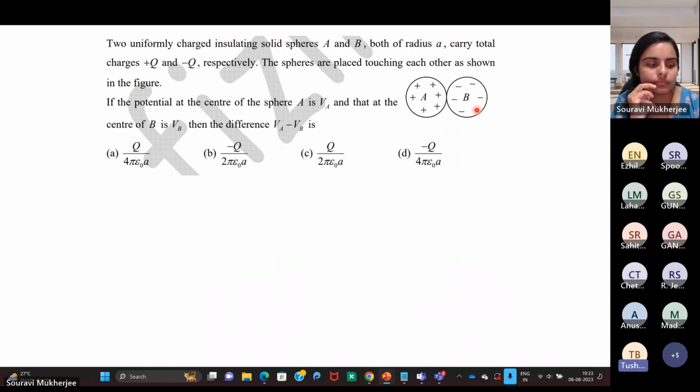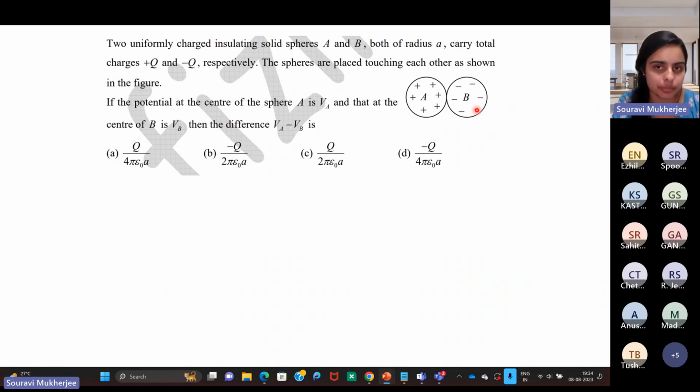The VA should increase, because if we are bringing an opposite charge in contact with the positive charge, the reference is going in the opposite direction and with the same amount. So it should increase. Why do you say the same amount? See, it's plus Q and minus Q.